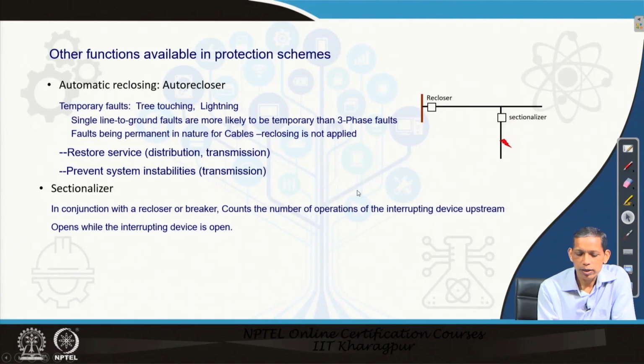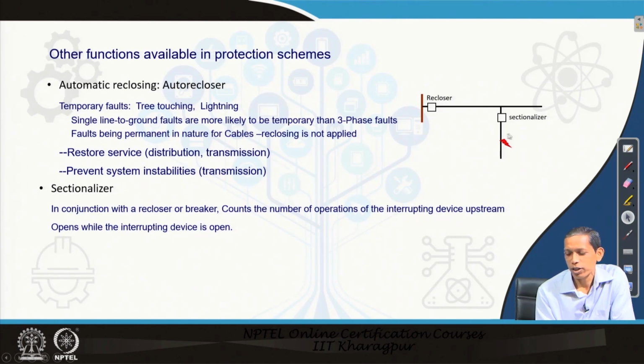Let us say this fault is permanent, and in that case the recloser opens, and the whole network supply is affected. Now, if the fault is permanent and we add a sectionalizer, which counts the number of operations of the recloser, and if the current through this branch is high, then the sectionalizer opens this circuit when the recloser is in the open condition.